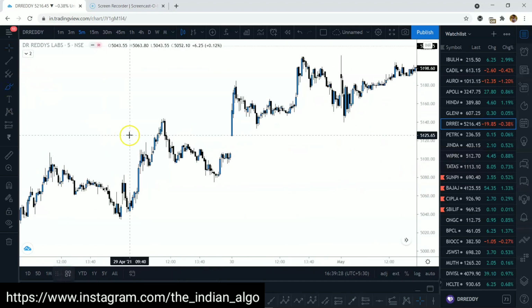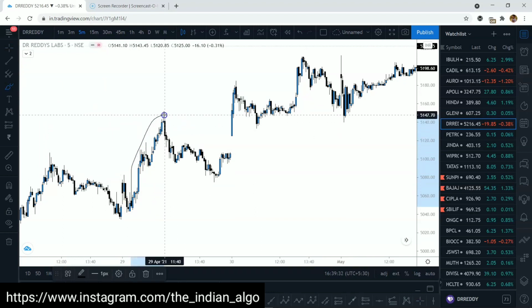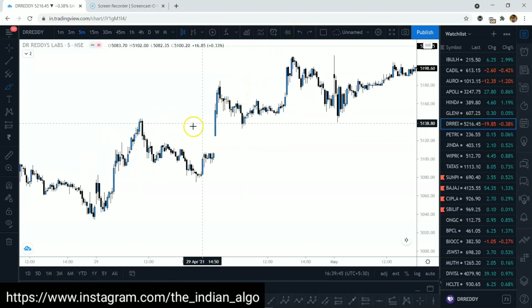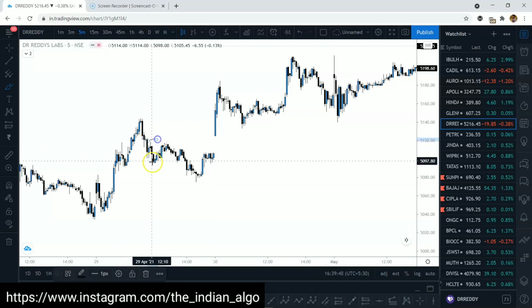If I can see something here, I get this volatile move higher, I will let the price cool down. It's not that when I'm here I'll simply start shorting it. It won't make any sense. As we see this volatility, what I'm supposed to do next is wait for the prices to contract.